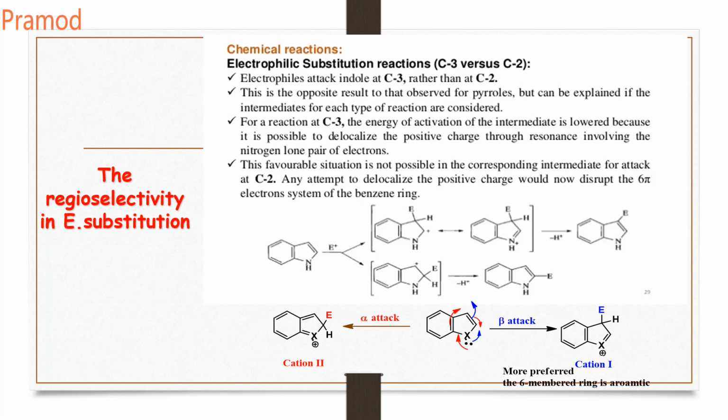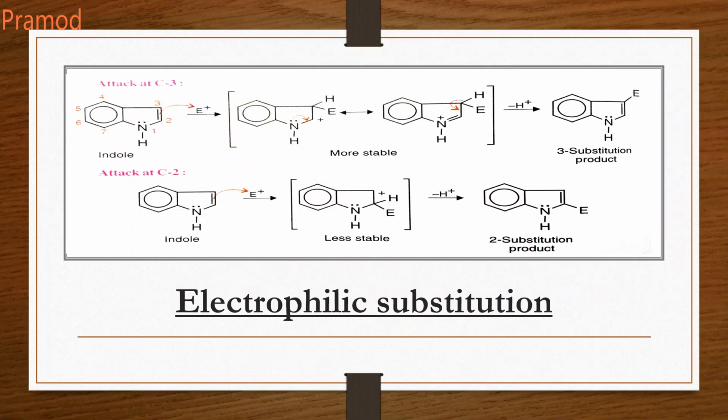So the positive charge in case of C2 destabilizes your benzene ring. That's the reason why electrophilic substitution reaction takes place at C3, not at C2. Now, this is the example.